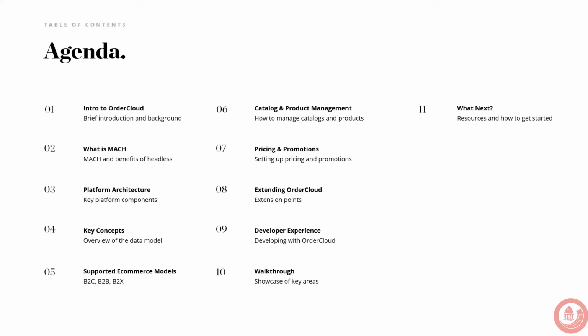And then I'm going to touch a bit on some of the basics, such as catalog and product management, pricing and promotions, and particularly how you can extend OrderCloud. Then also we're going to look into the developer experience. And then at the end, I'm going to do a quick walkthrough to showcase some of the key resources that are available to help you get started.